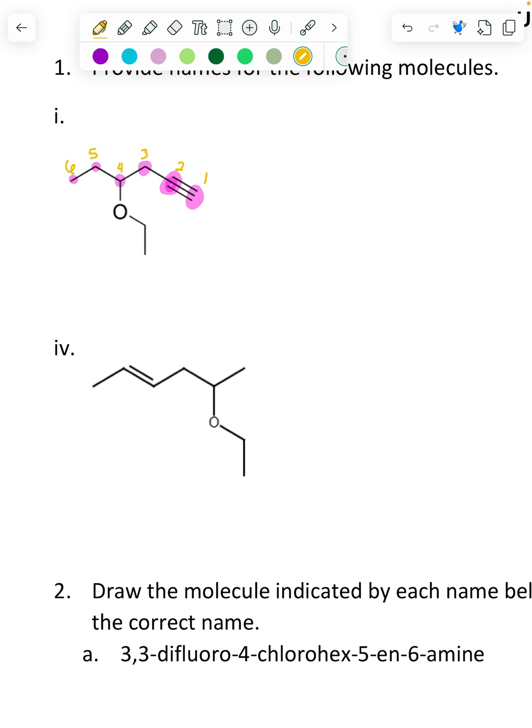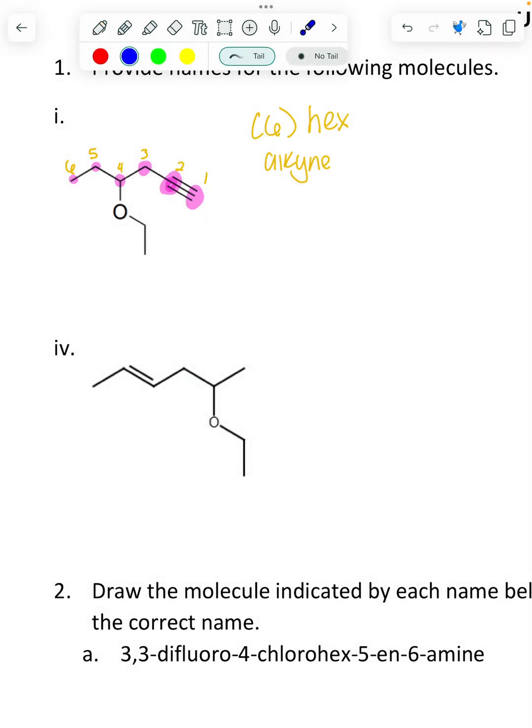And we see that there's 6 carbons, and we know that 6 carbons is hex, and we have to figure out the ending of that, which is based on the bonds. We see that there's single bonds all over here, except between the first and second carbon, there's a triple bond. And a triple bond is alkyne, I think is how you pronounce it.